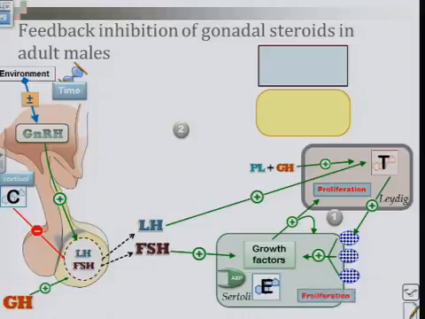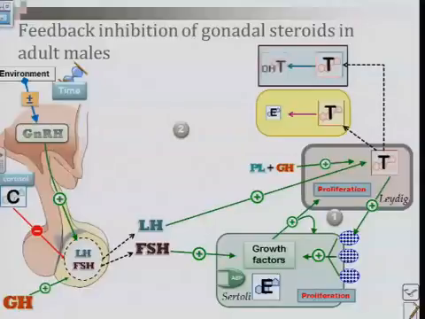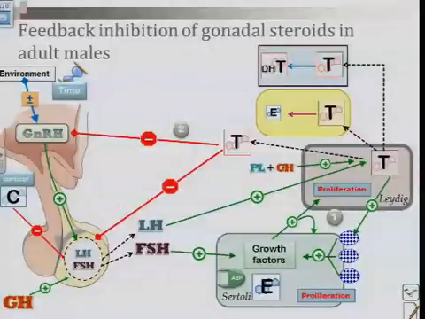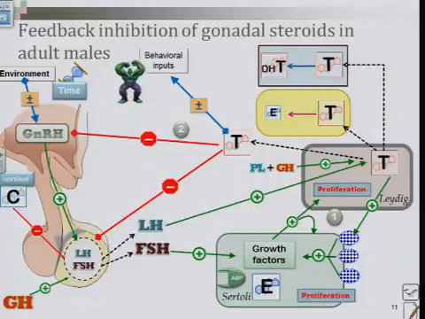Those growth factors and the estrogen help the Leydig cells and the Sertoli cells to be maintained and proliferated. Estrogen is made in the adipose tissue, DHT in peripheral tissues, and the circulating testosterone then is involved in negative feedback for GnRH and LH and FSH. Testosterone is also important for behavioral inputs in men, as well as estrogen.